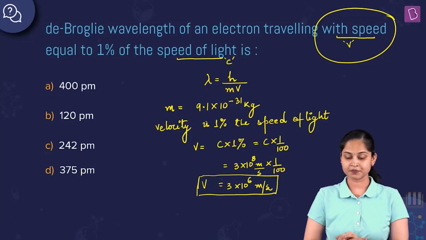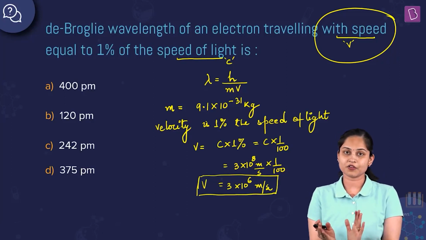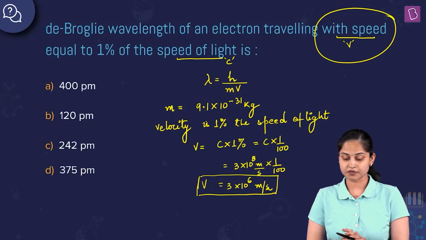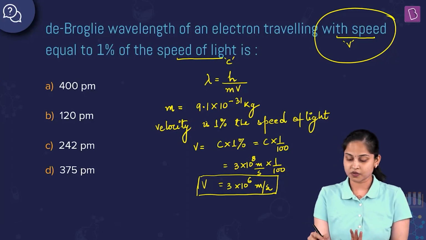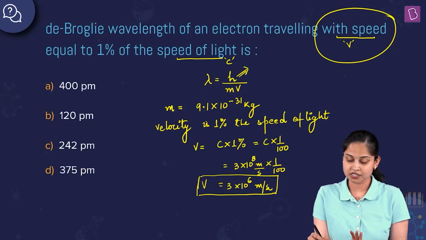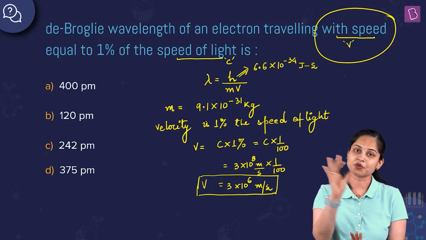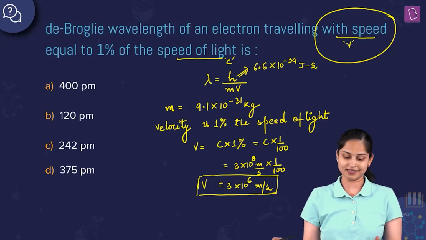We also know the value of m, mass of an electron. h is the Planck's constant, and the value of Planck's constant is 6.6 into 10 raised to power minus 34 joules second. Substitute all the values over here and you will get the result.